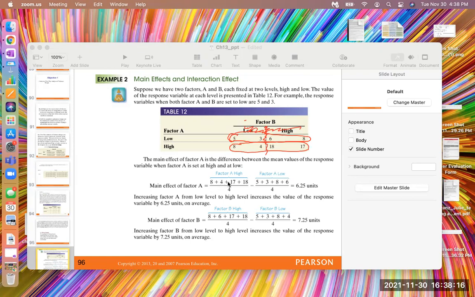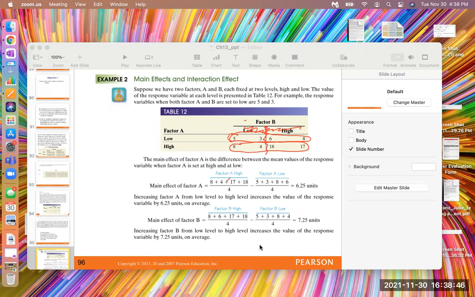They take 8, 4, 17, and 18, take the mean of those, dividing by 4, and they find the average response variable for a high level of A. Then they look at the average for a low level of A, so the 5, 3, 6, and 8. They divide by 4 and find an average.